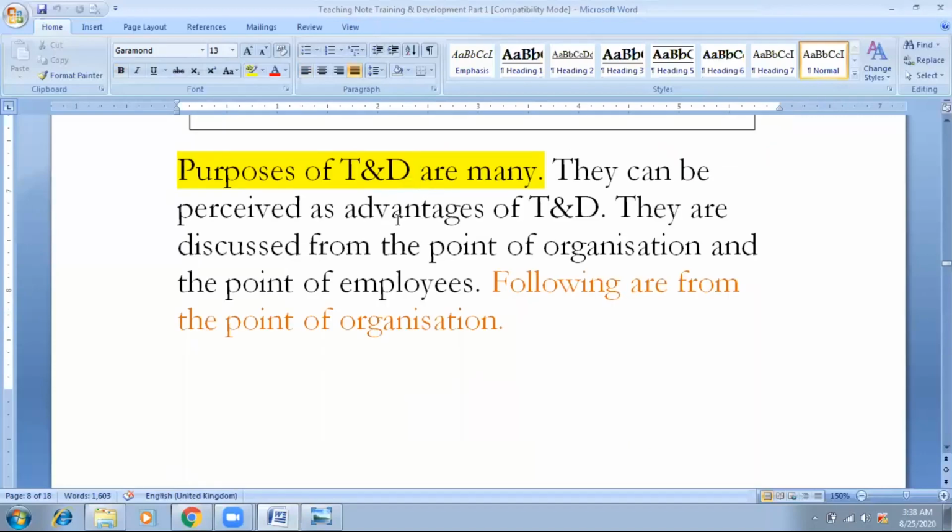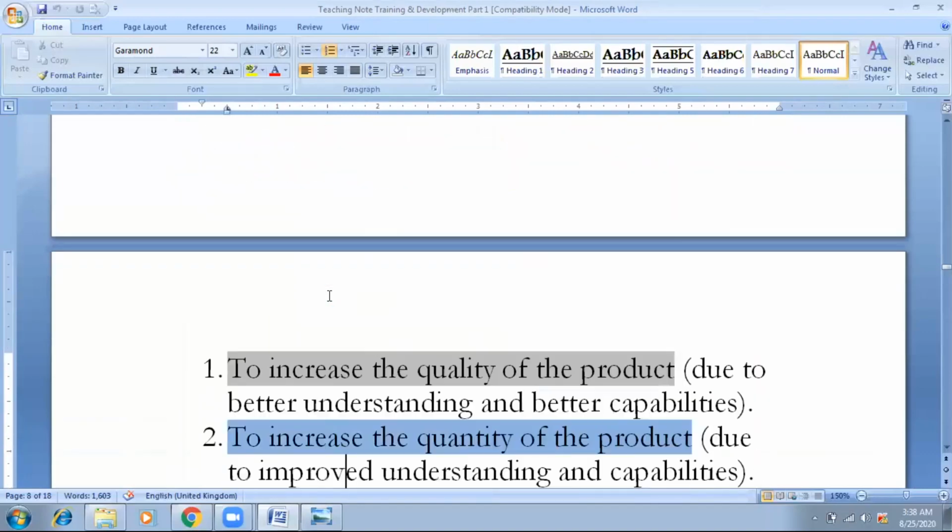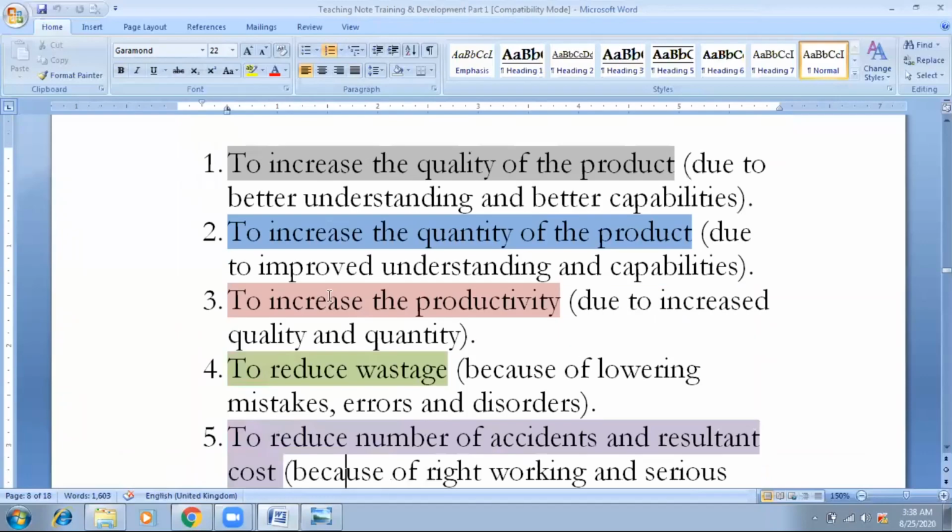Right. The purposes of T&D are many. They can be perceived, as I mentioned earlier, as advantages of T&D. They are discussed from the point of view of the organization and of the employees. The following are the advantages or purposes from the point of view of the organization. First, to increase the quality of the product due to better understanding and better capabilities.